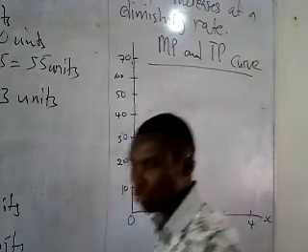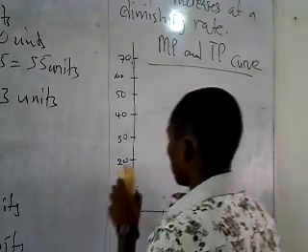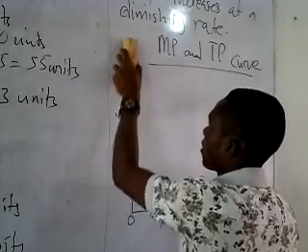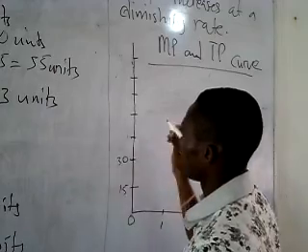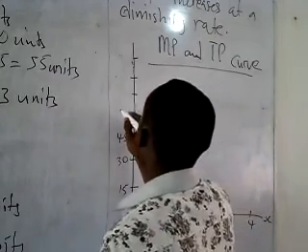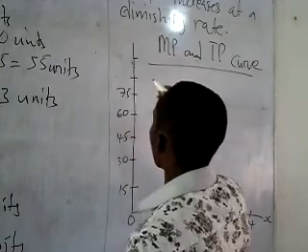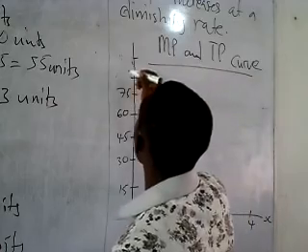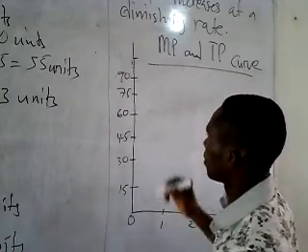Since I'm not using a graph, let me change the figures to 15 rather. So 15, 30, 45, and then 60, 75, and then this one will be 90.